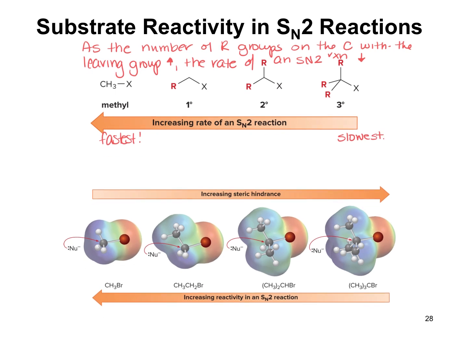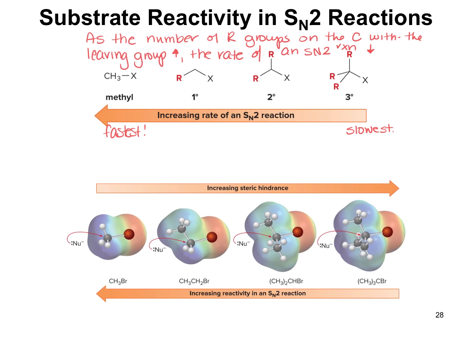And so what we find here is that with increasing steric hindrance, as you add more groups to the carbon next to the halogen, the reactivity will decrease. So when you increase steric hindrance, we decrease activity. Another way to say this is, as we decrease steric hindrance, we increase the activity here. And so remember, if it's increasing this way, then it's going to be decreasing this way.